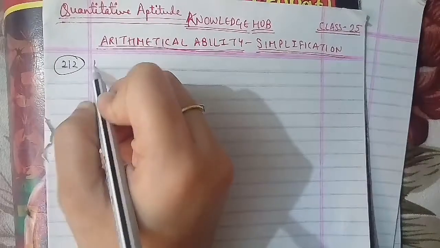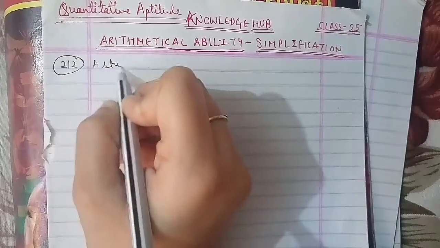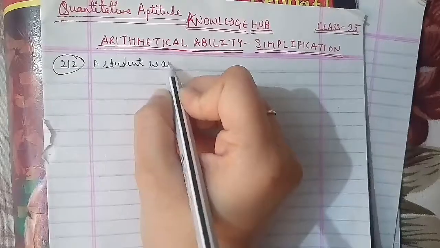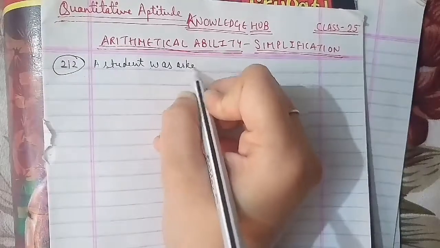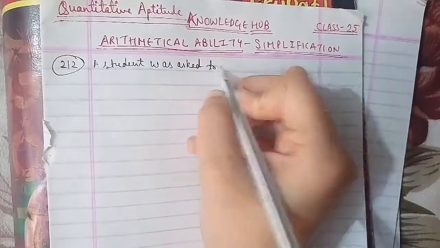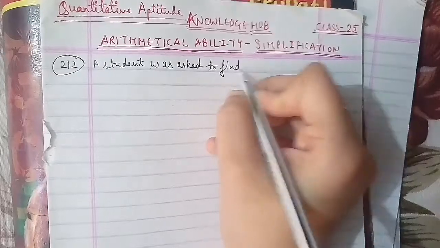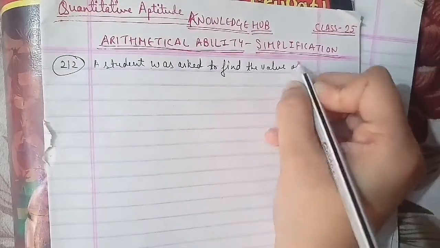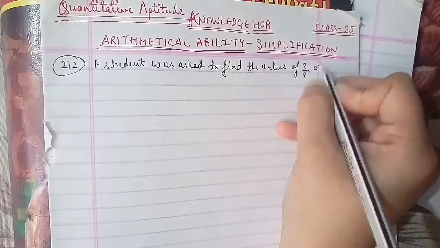A student was asked to find the value of 3 by 8 of a sum of money.